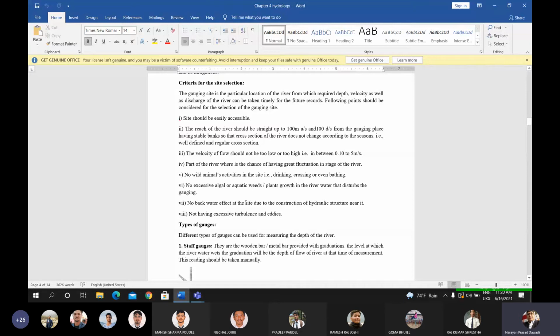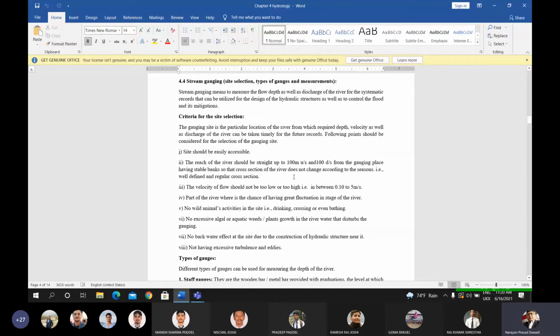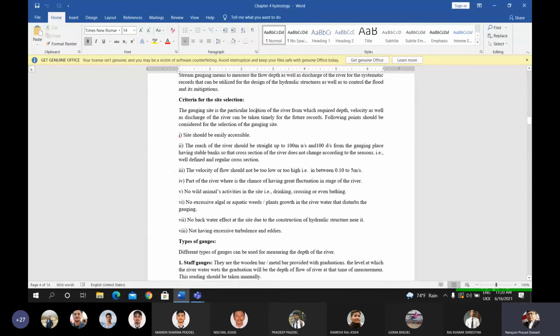The eddies may erode or disturb the instrument that is installed near the gauging station. So turbulent flow as well as the formation of eddies is not considered good for the gauging site. Okay, these are the points for the criteria for selection of the gauging site. This question is asked several times in the final examination.